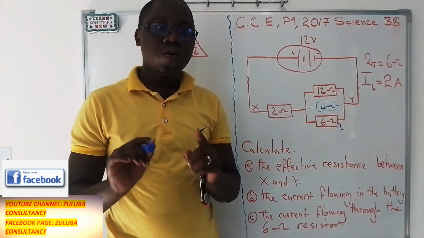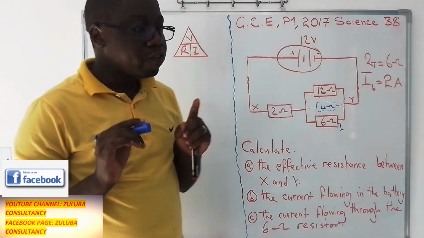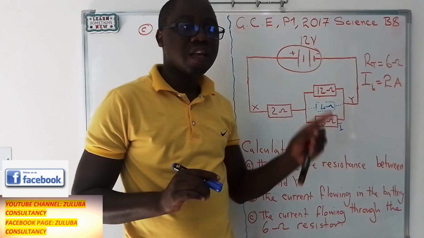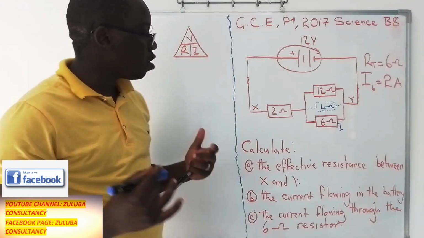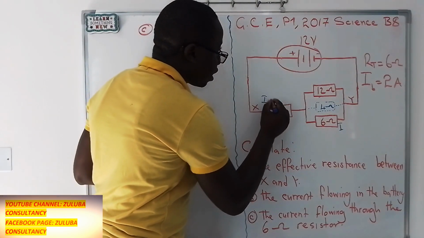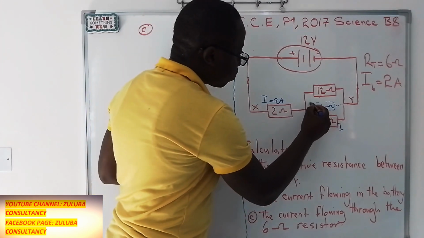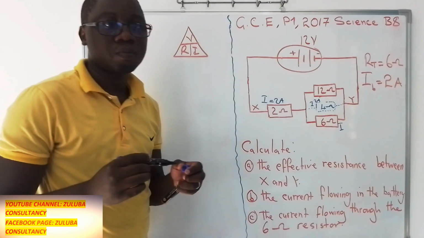Now, what do you know about series circuits? With series circuits, we say the current is the same. So if the current is the same in a series circuit, it simply means at this point, the current that is there is 2 amps. Even at this point, the current that is there is 2 amps.